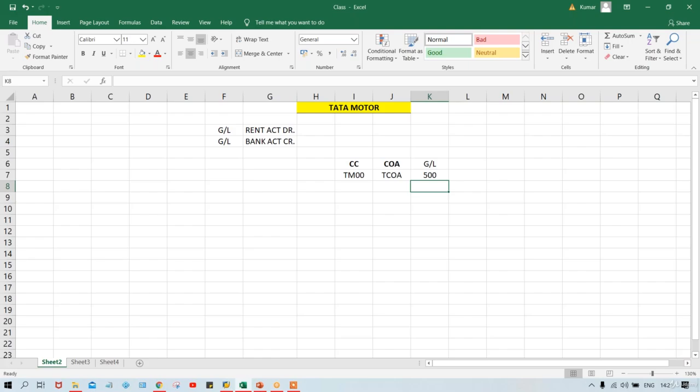Why? Because if you talk about the steps, the first step is you create the chart of account. Second step, you assign this chart of account to your company code, and then you create your GL account against your chart of account.